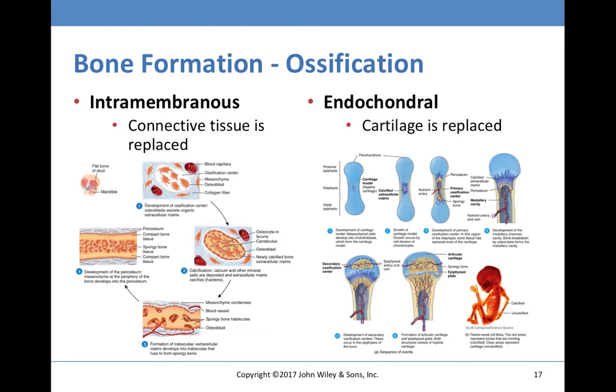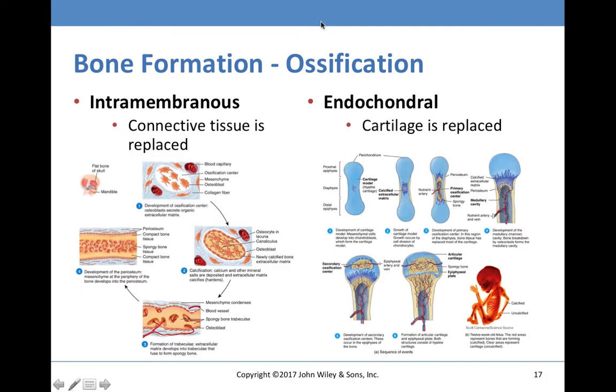In the intramembranous, we have the ossification of bone from within a fibrous connective tissue. So this generally occurs in our flat bones, and we take this fibrous connective tissue membrane and then we replace it with bone.